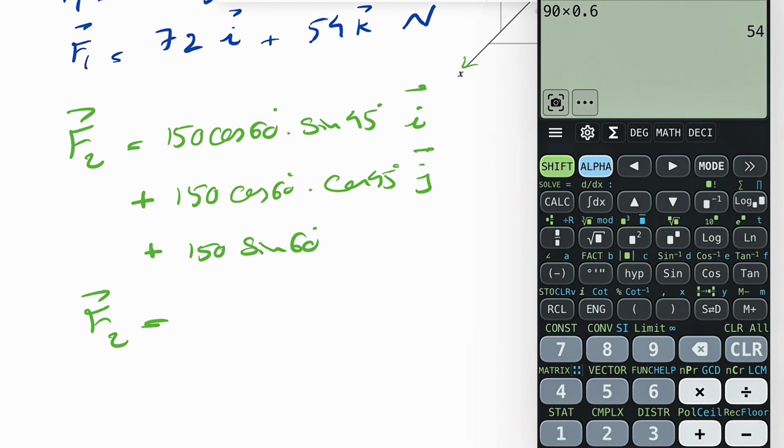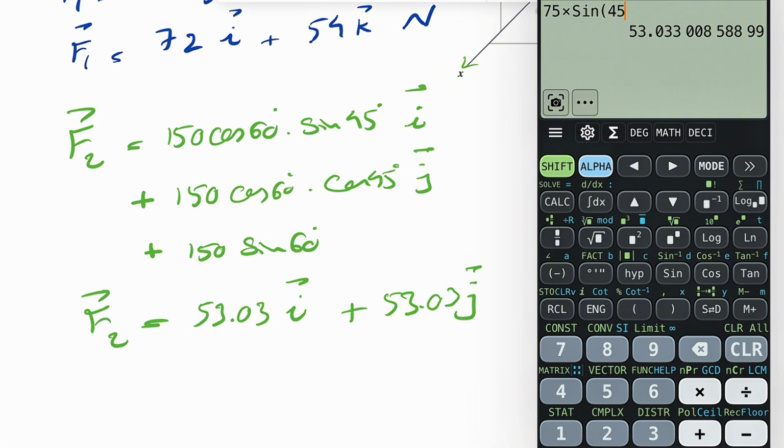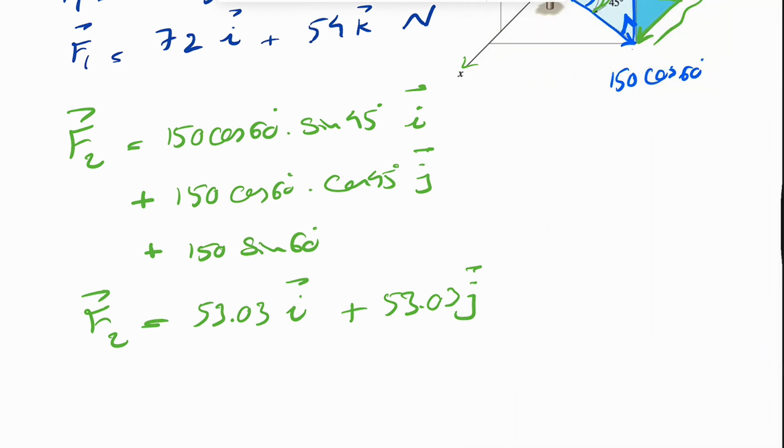We know cosine of 60 is 0.5, so we have 75 times sine of 45, that's going to be 53.03. As I mentioned, sine and cosine are the same value, so the J or the Y component will be exactly the same, and we have 150 sine of 60 for Z, which is going to be plus 129.9 K, and again all the units are in newtons.